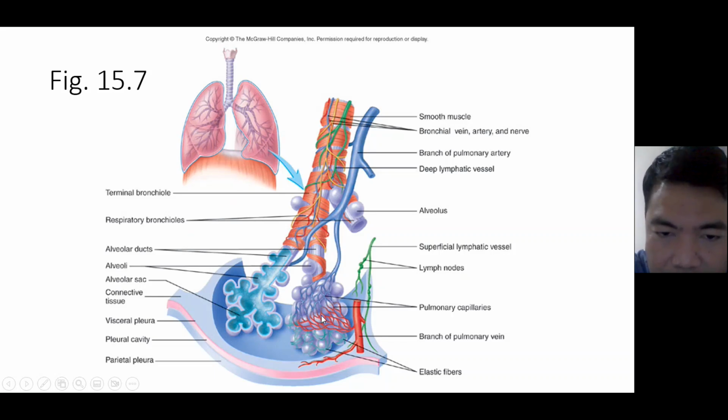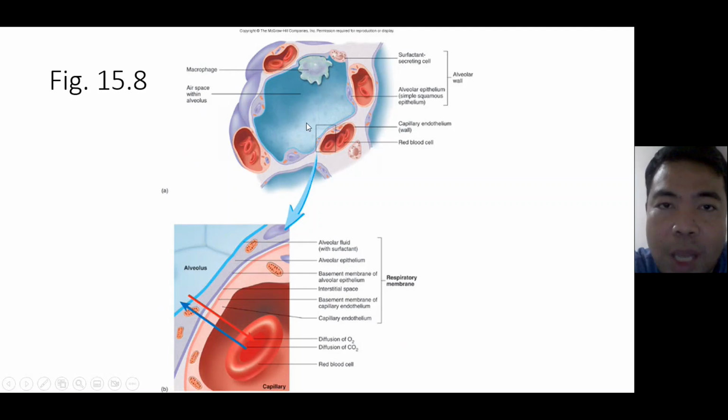And as you can see, each of those alveolus are surrounded by pulmonary capillaries. Okay, kasi nga, ang main purpose nun is for gas exchange to take place in there. Now, when you get a cross-section, kunyari, hahatiin mo yan, a section of each of those alveolus, what will you find? Ito ngayon ang itsura niya.